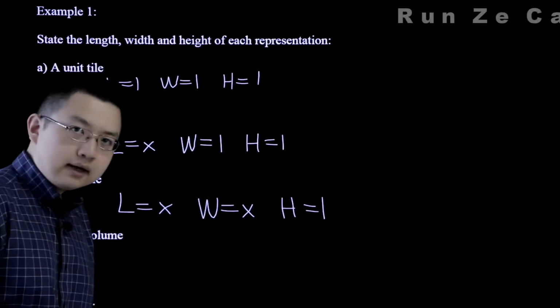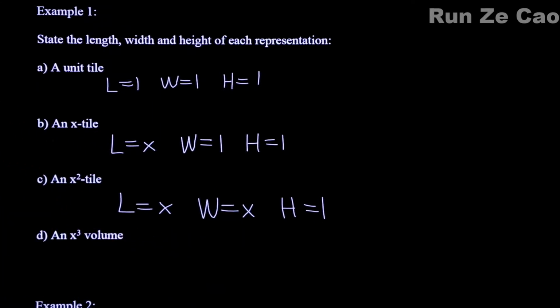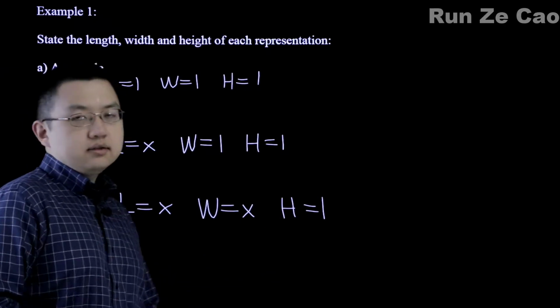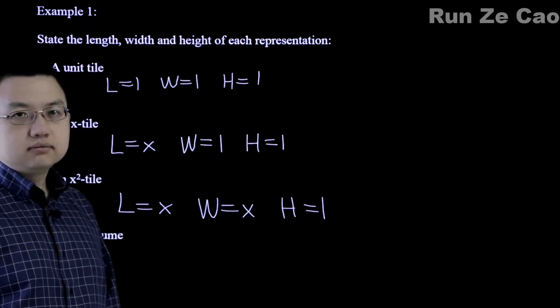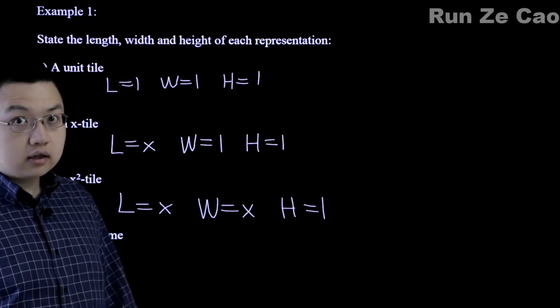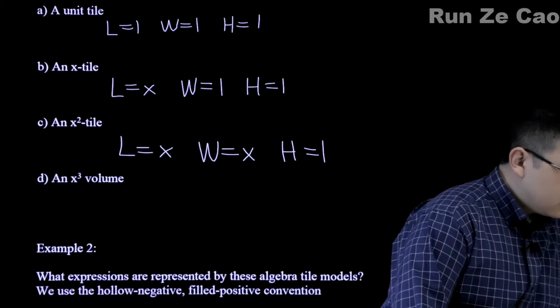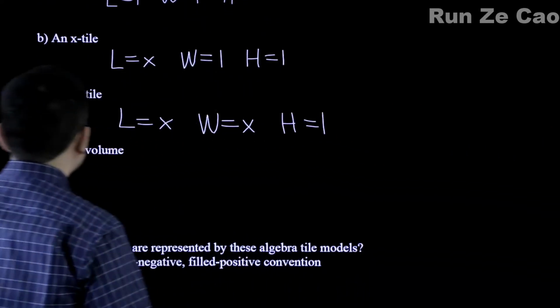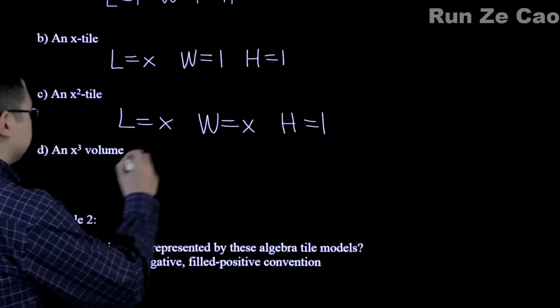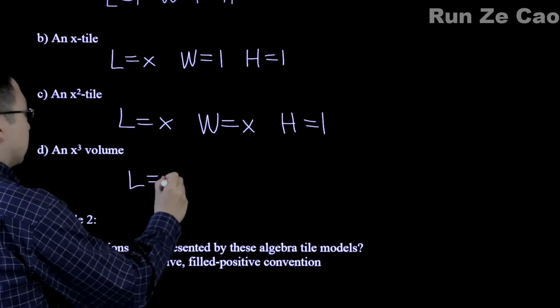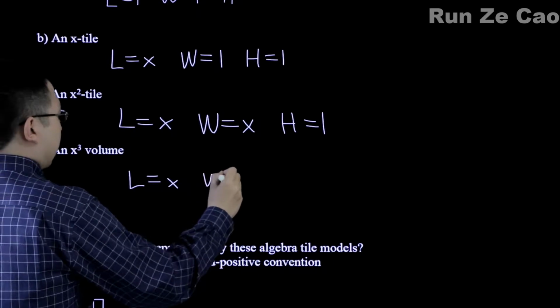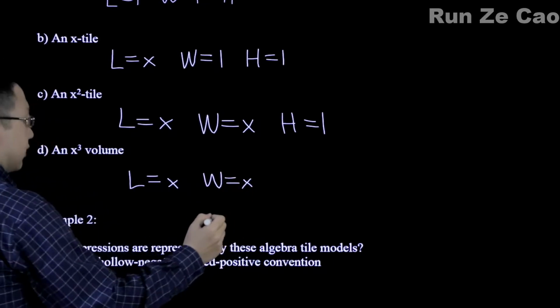X times X is X squared, and then X squared times 1 is X squared. X to the 3rd volume. That just means multiplying another X onto this chain of X's.